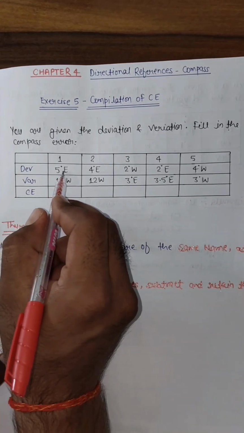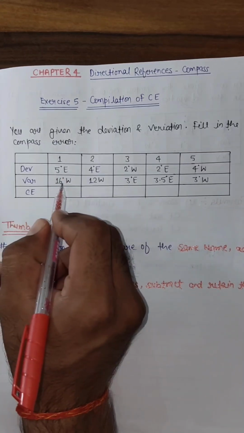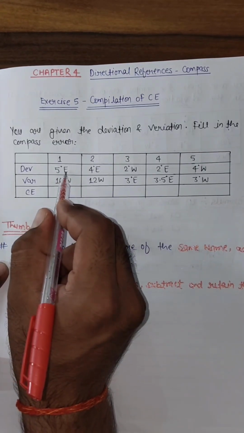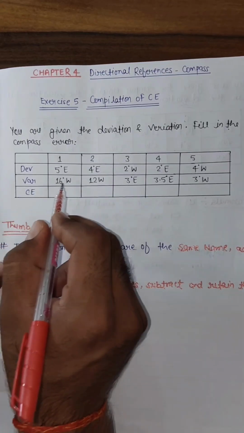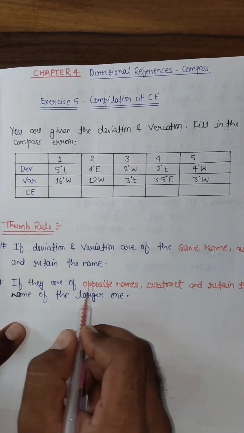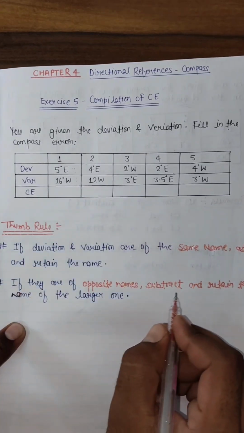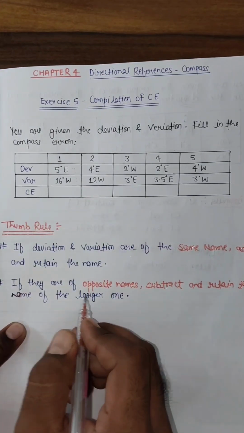So here in the first question, deviation and variation both have different directions. Deviation has east direction and variation has west direction. So if they are opposite names, subtract and retain the name of the larger one. So what will we do?